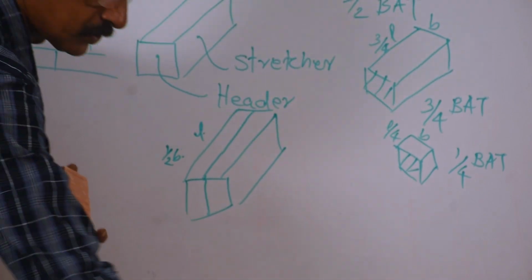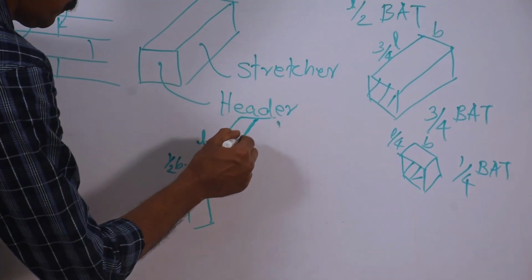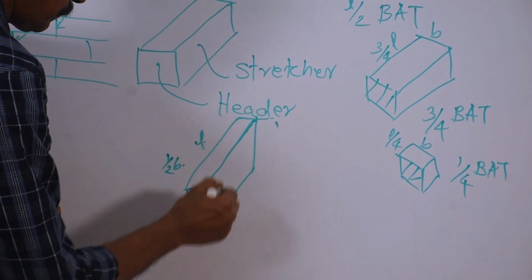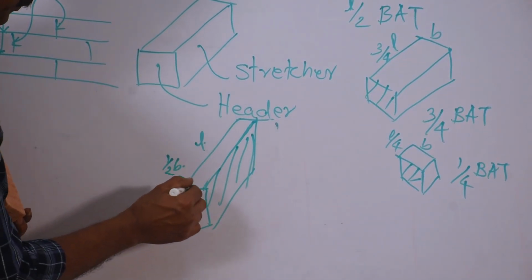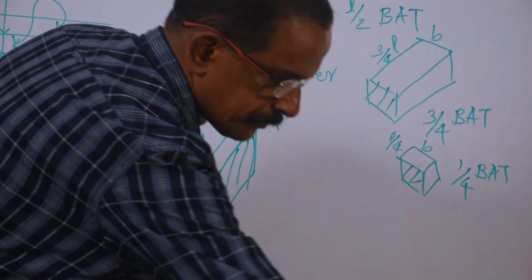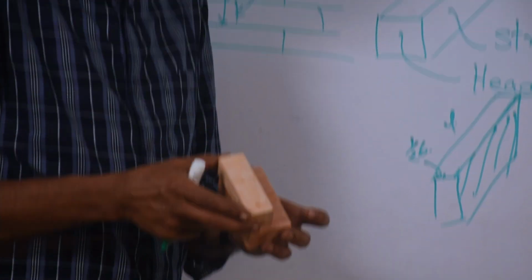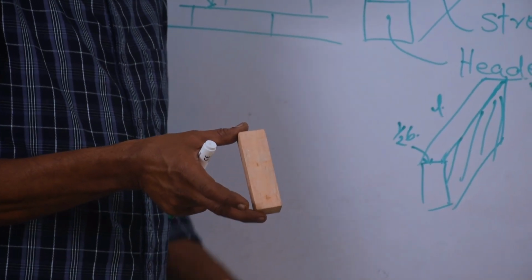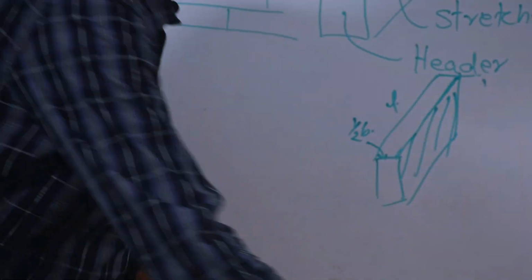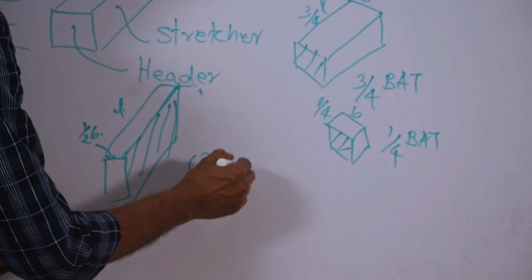Cut into 2 pieces, like this. That is half width and full length. See this model, half width and full length. That is called a queen closer.